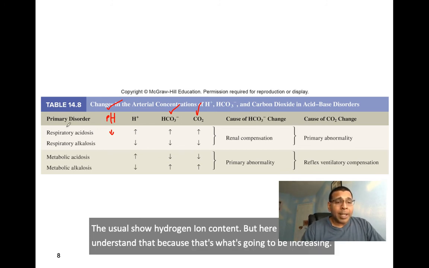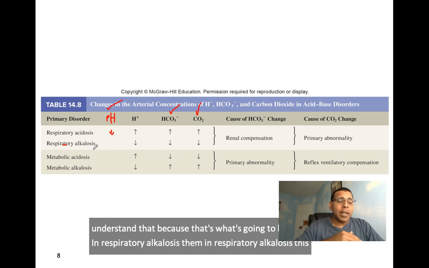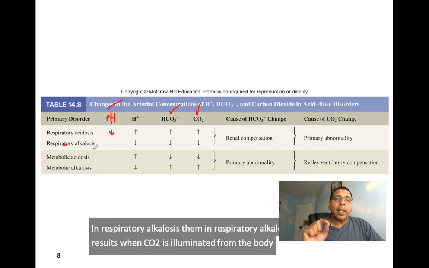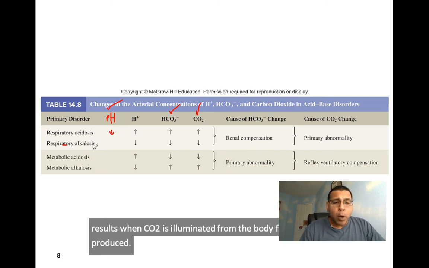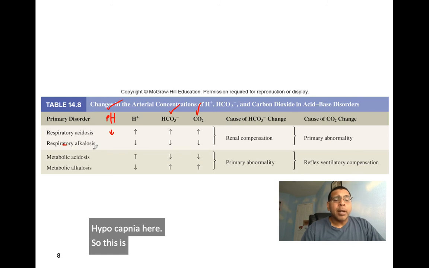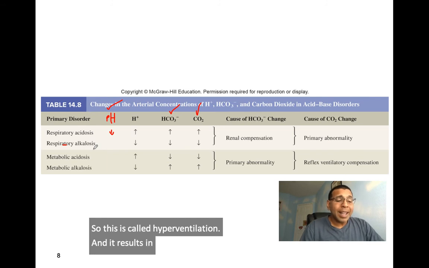In respiratory alkalosis, CO2 is eliminated from the body faster than it is produced. Hypocapnia here. This is called hyperventilation, and it results in the blood becoming more alkaline.